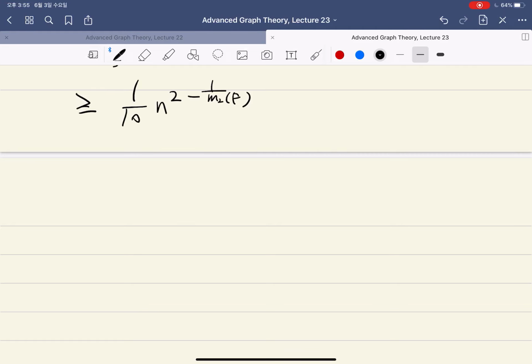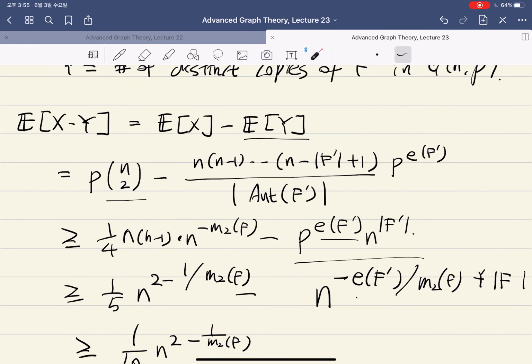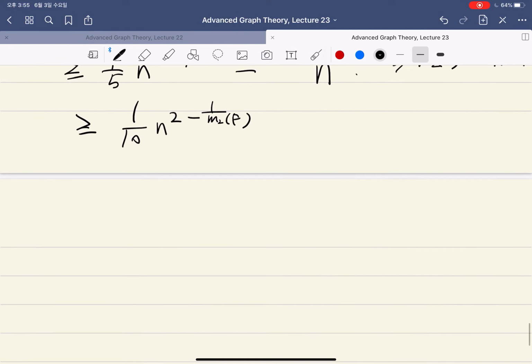Once we do that, we can actually show that this expectation of X minus Y is strictly bigger than some constant times this number. So that means there exists a choice. The expectation is over some number, meaning that if you randomly choose it, then with some probability the result could be as good as its expectation.